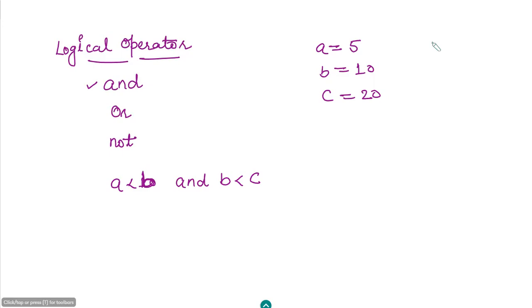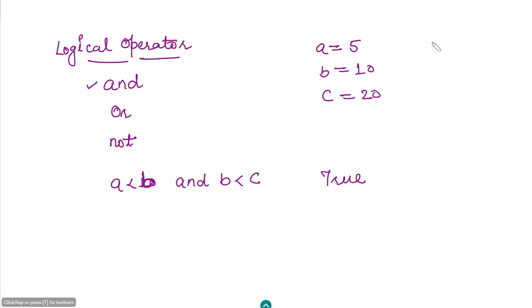So that means when all the conditions are evaluated and are true, then it will return true. If all the conditions are met or all the conditions are correct, then it will return true.